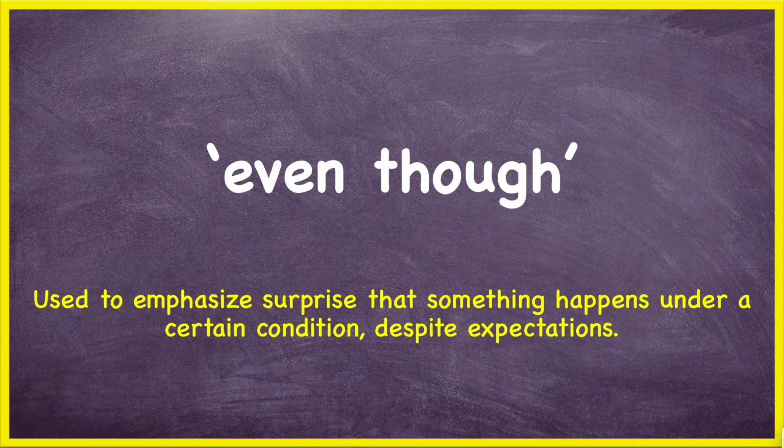And the last one here is even though. And this is used to emphasize surprise that something does happen under a certain condition, despite expectations. So even if maybe is an unreal situation, but even though is a result that you actually know for sure happens, okay?